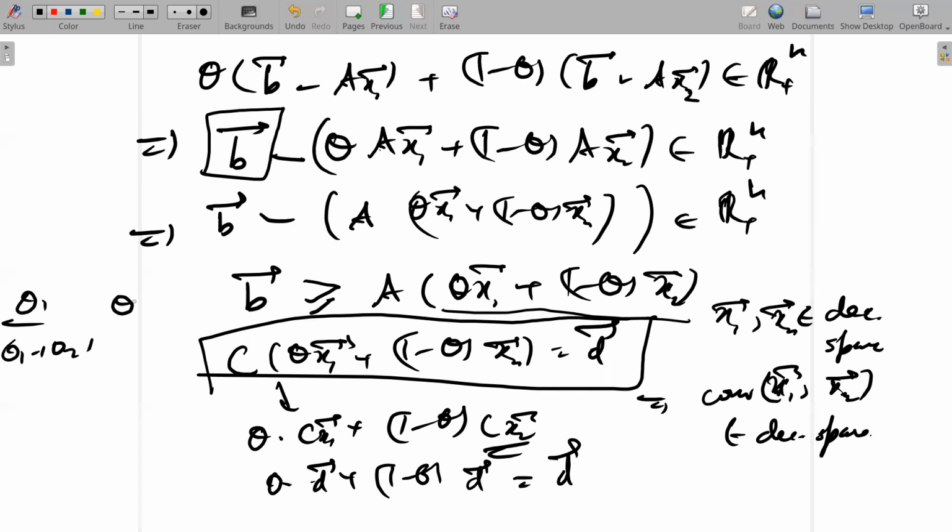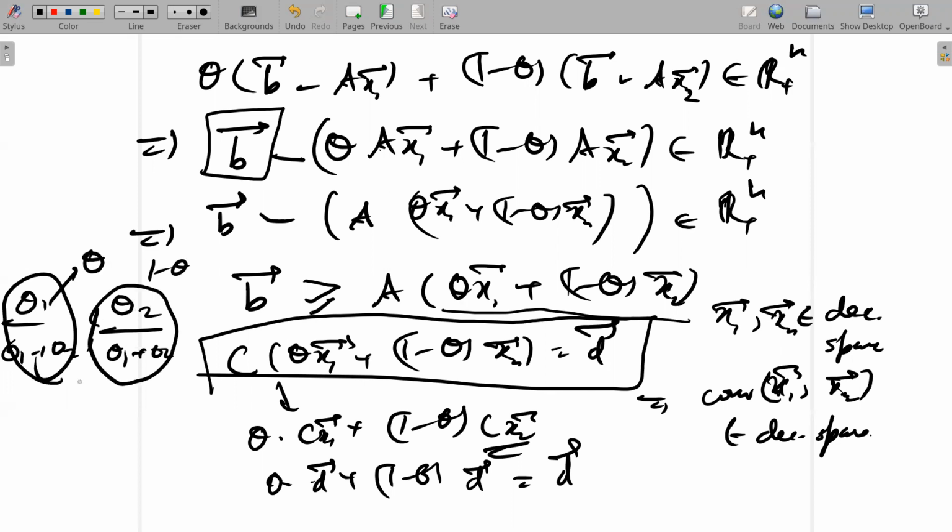It's just a reparameterization, you can think. So if you think of this as theta, isn't this 1 minus theta? So it's exactly the same thing. Because I was trying to prove it's a convex set, I just started with theta and 1 minus theta. So I hope that is clear.